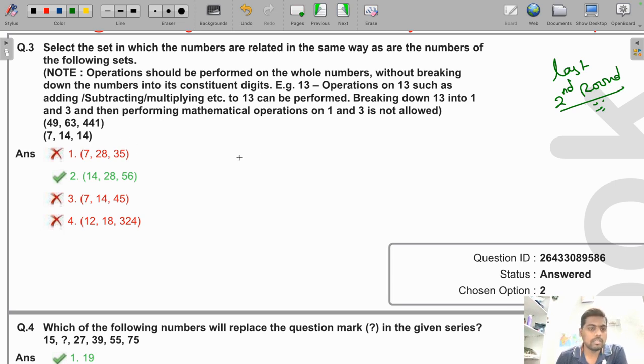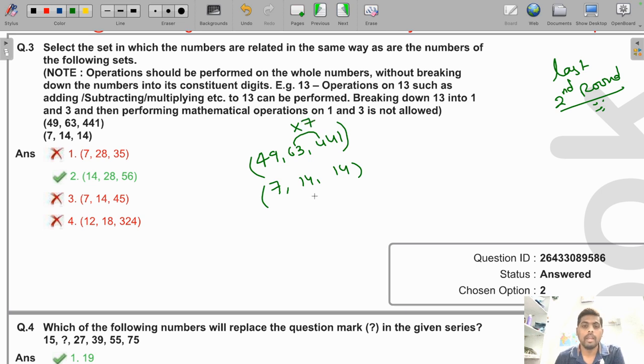So let us see how both are related. They have given 49, 63, 441, 7, 14, 14. If you see closely, 63 into 7 is 441, and 14 into 1 is 14. So we somehow found the relation between the second and third number, but we need to find how this 7 is coming.